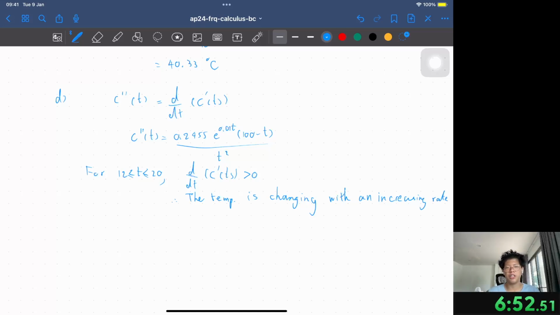Increasing rate in this case means that the rate of change is less negative over time. So it's up to the interpretation of the exam setter or exam writer.